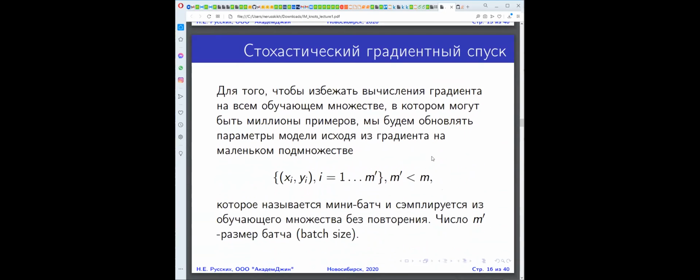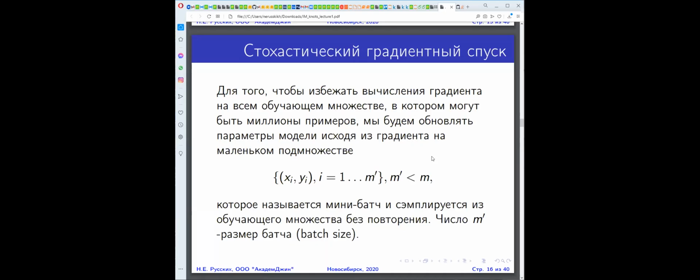So in order to avoid such large computation and estimating the gradient on the whole training set, we will be updating our model parameters on small training subsets, which are called mini batches.